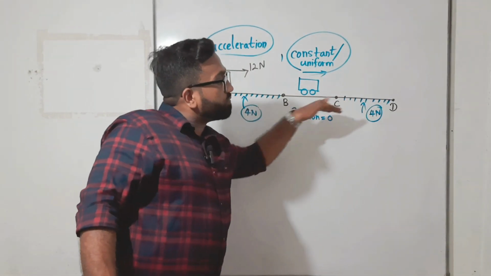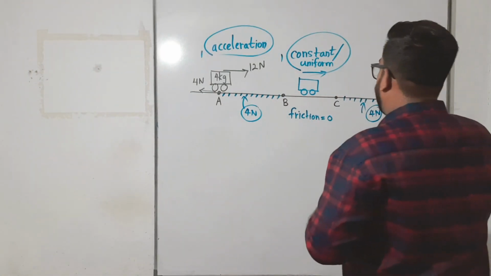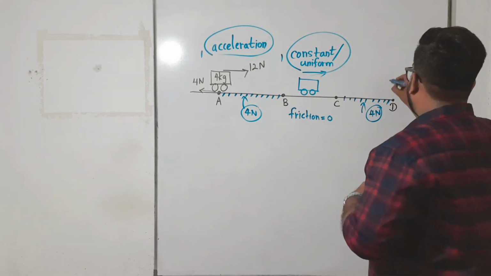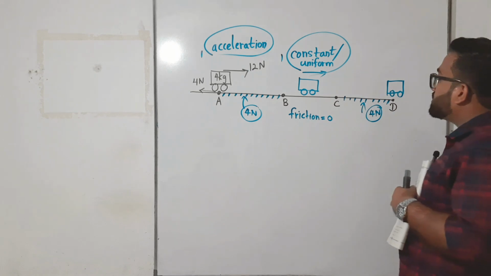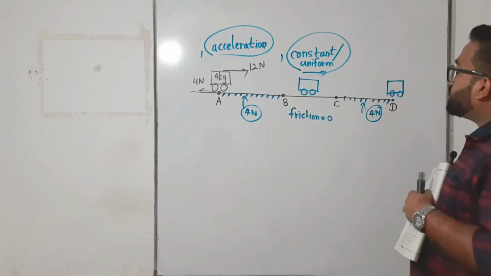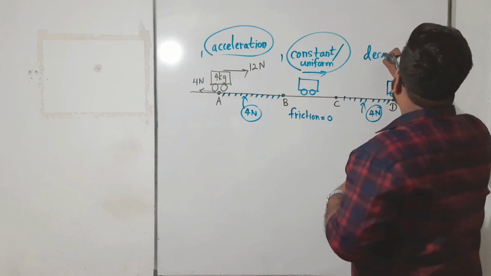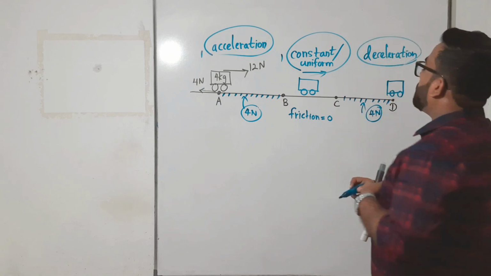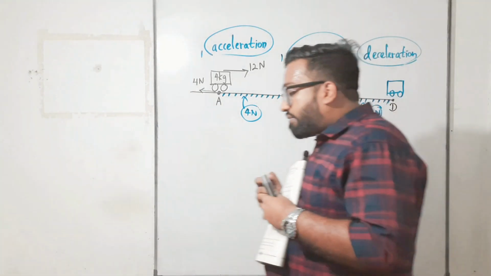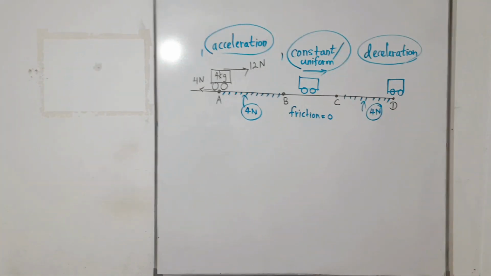Because of the roughness of this surface, gradually the trolley comes to rest. That means time is passing, velocity is gradually decreased. That means what can you say? Deceleration. Deceleration means the velocity is decreased according to the time. So that was the question here.